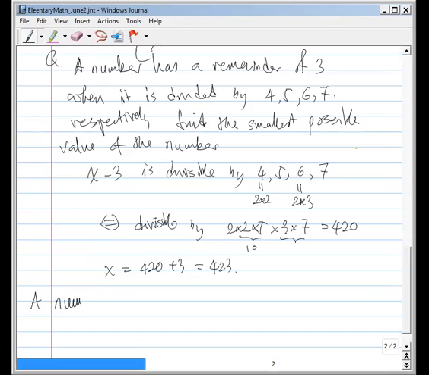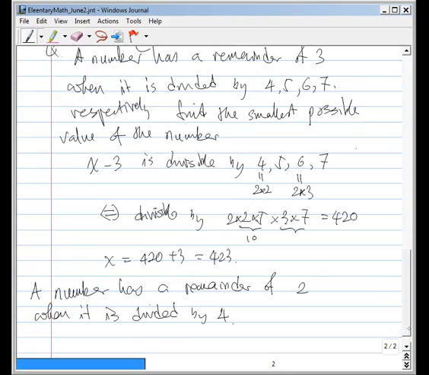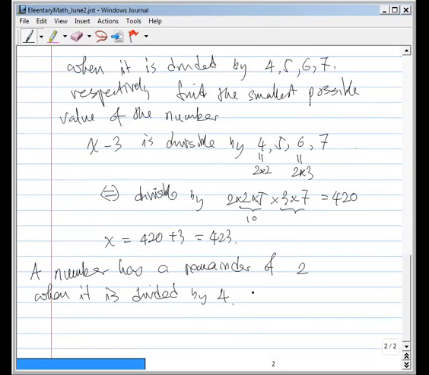For example, a number has a remainder of 2 when it is divided by 4. Now it has a different remainder. It has a remainder of 4 when it is divided by 6.